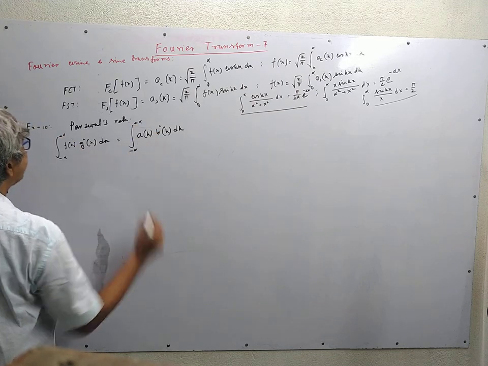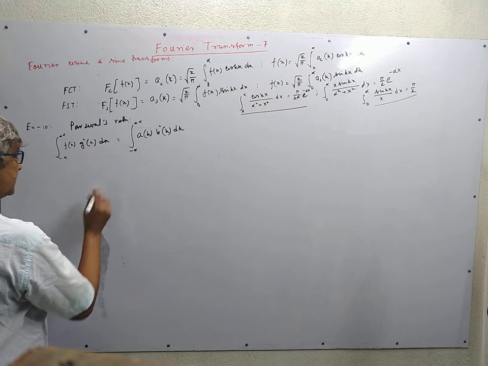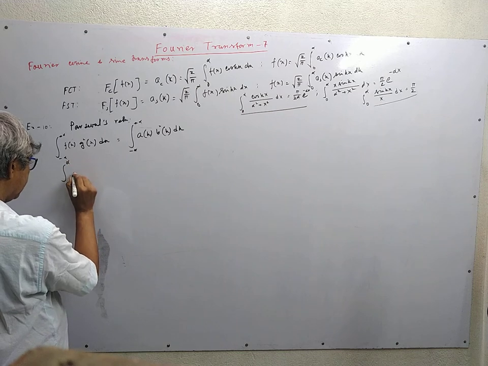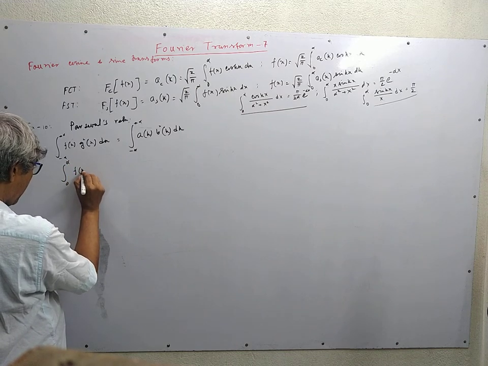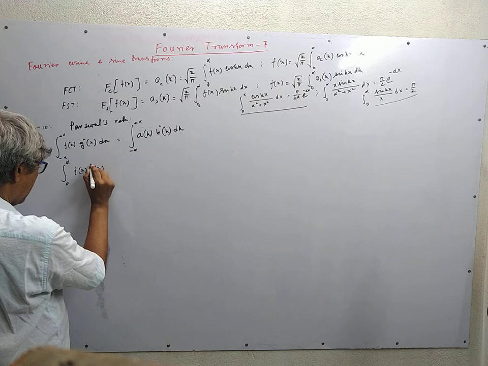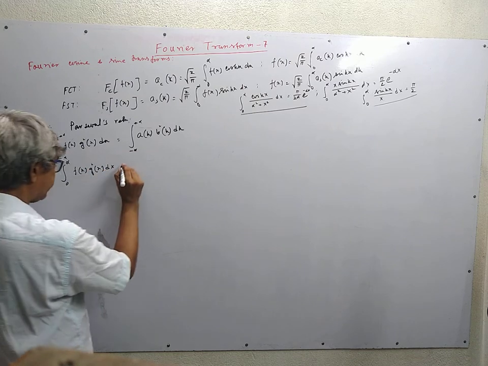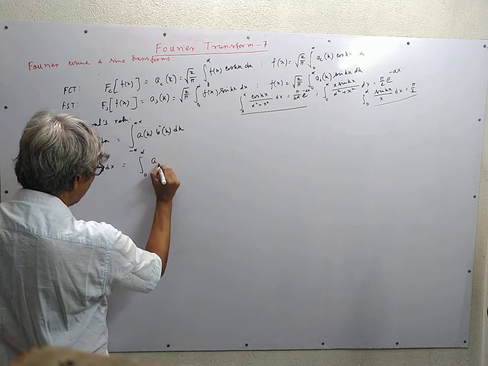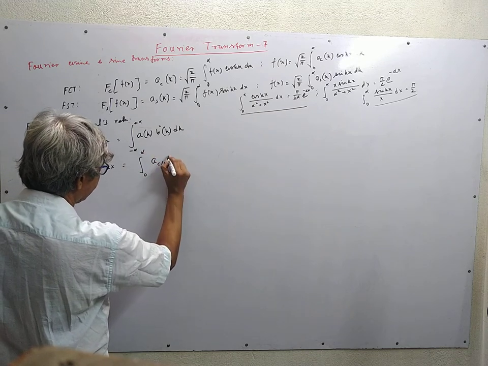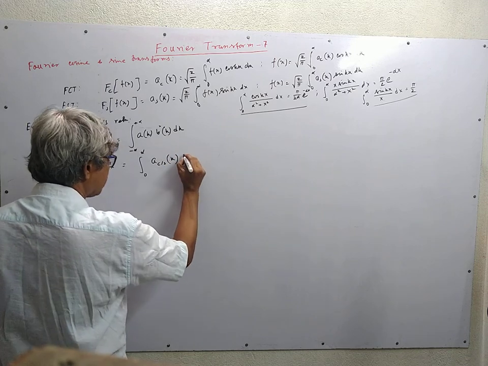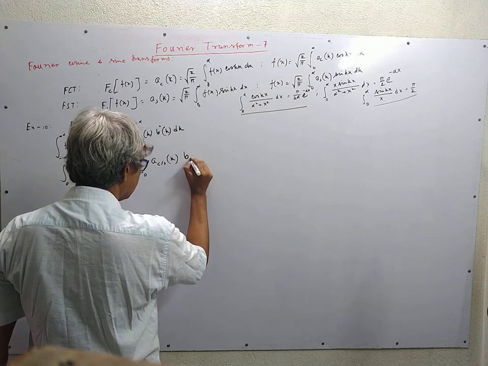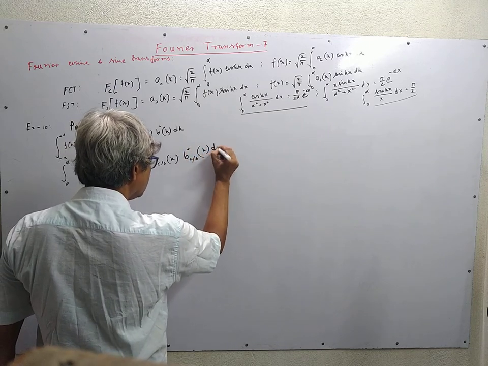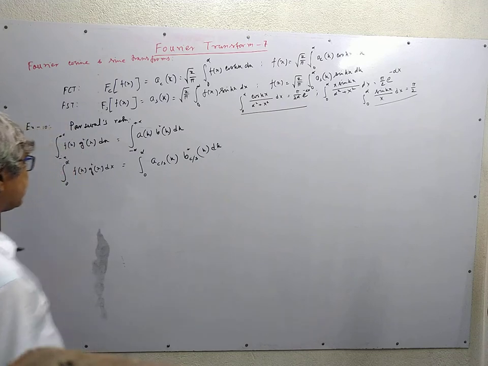For Fourier sine and cosine transforms, this simplifies to an integral from 0 to infinity of the cosine or sine transforms, as the case may be. This is the Parseval theorem.